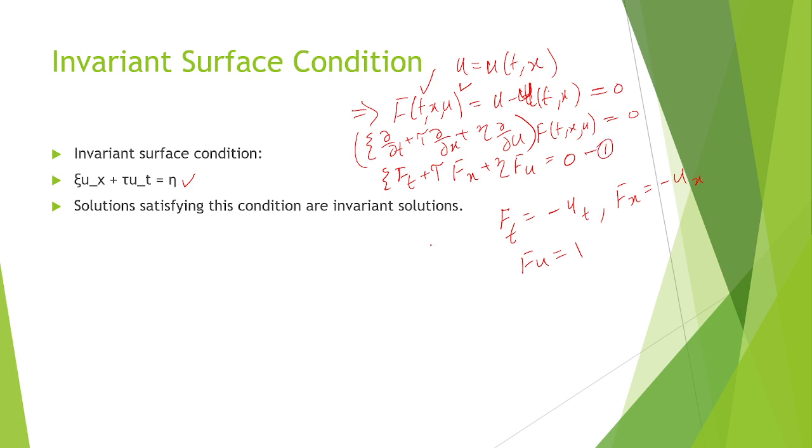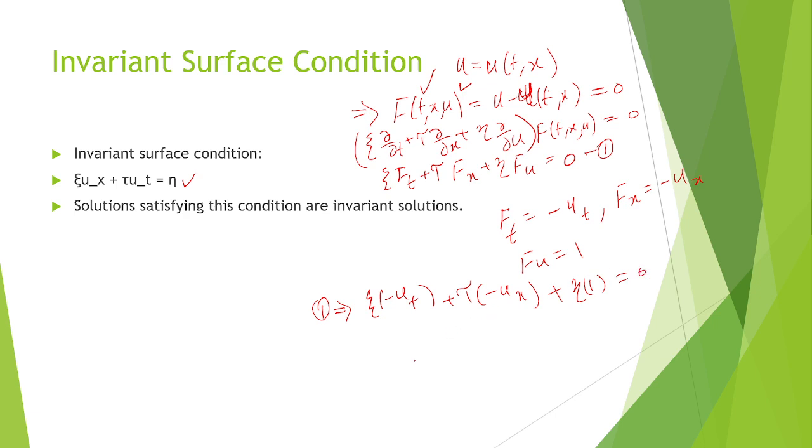So 1 implies xi f_t, that is minus u_t, plus tau f_x, which is minus u_x, plus eta f_u, that is 1, and this is 0.